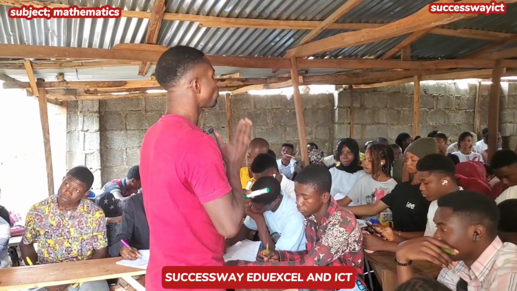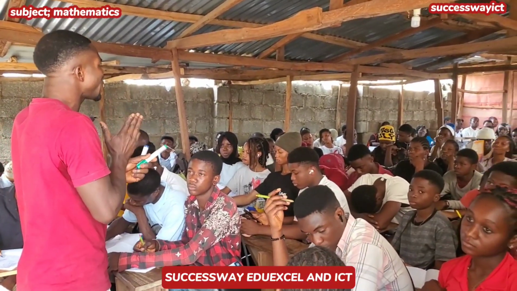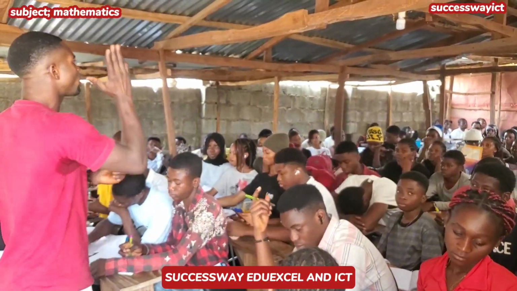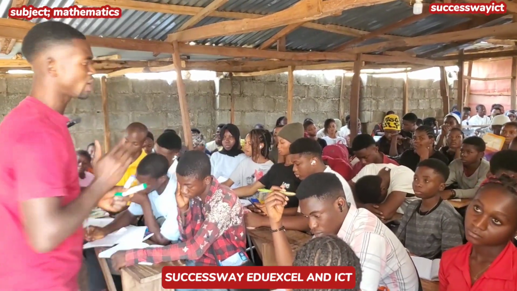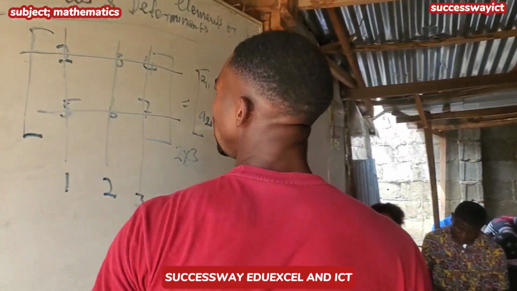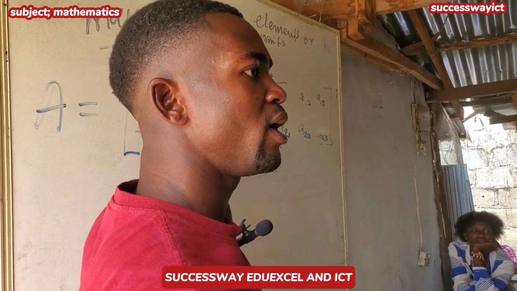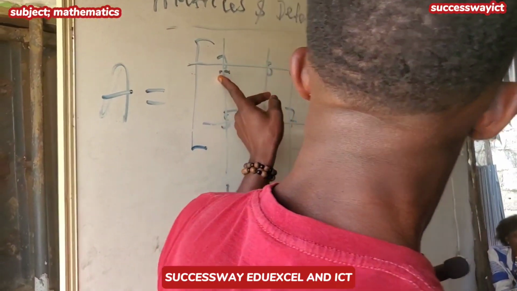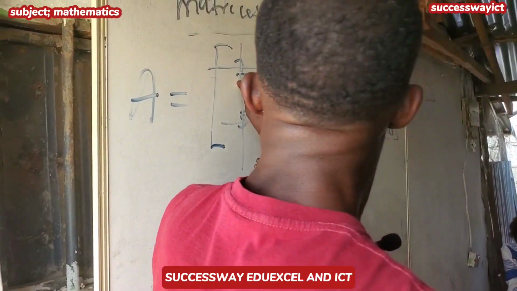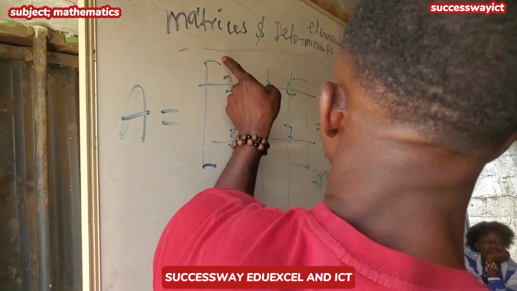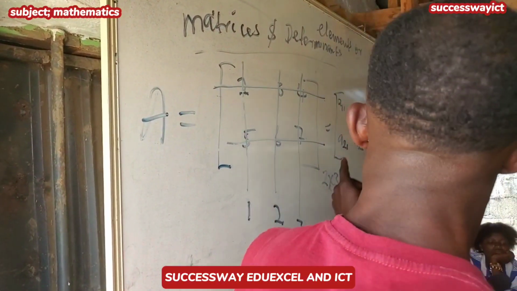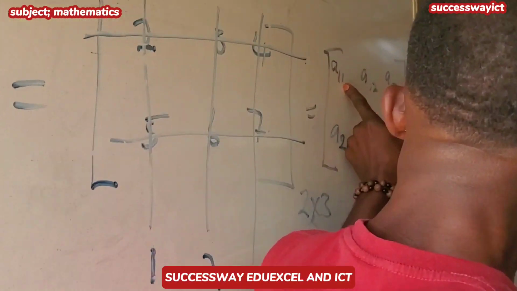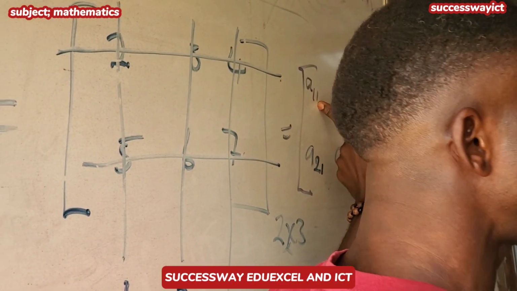The positions are stated by their rows and columns. The first element here is 2, and we have it in the first row and first column, not 11.